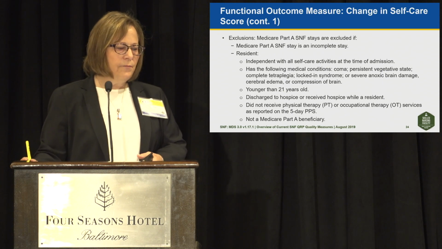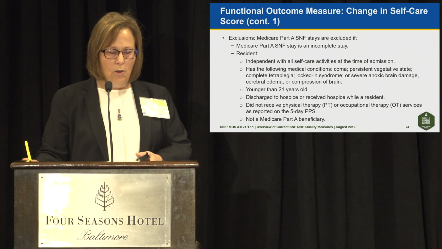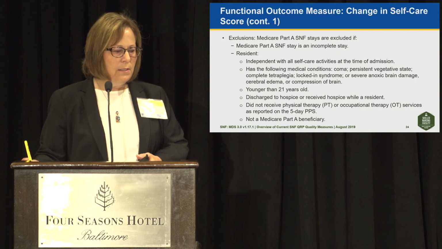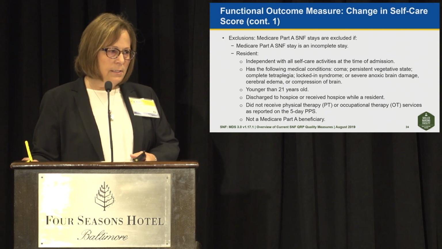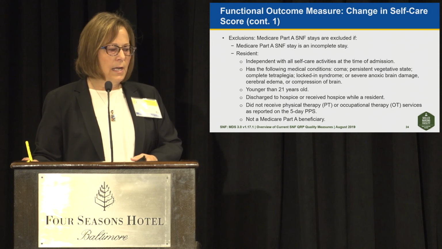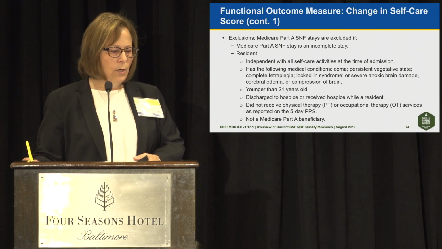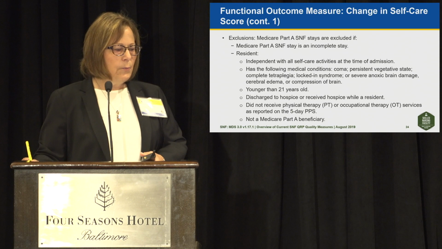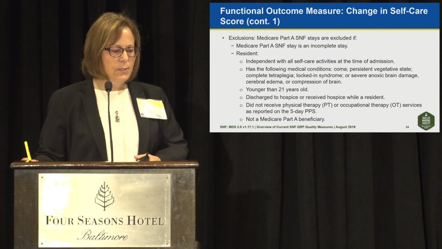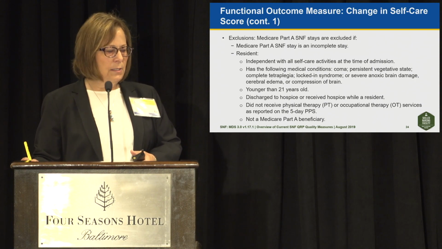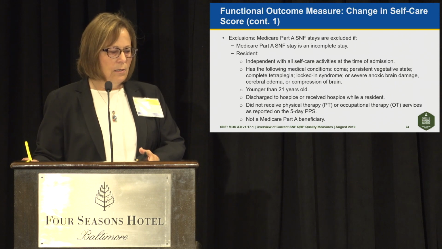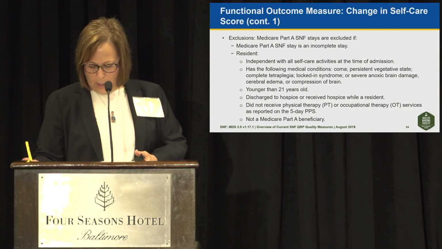If the resident has the following medical conditions: coma, persistent vegetative state, complete tetraplegia, locked-in syndrome, severe anoxic brain damage, cerebral edema, or compression of the brain. If the person is younger than 21 years old, is discharged to hospice or is receiving hospice while a resident, did not receive physical or occupational therapy services on the PPS 5-day assessment, or is not a Medicare Part A beneficiary.